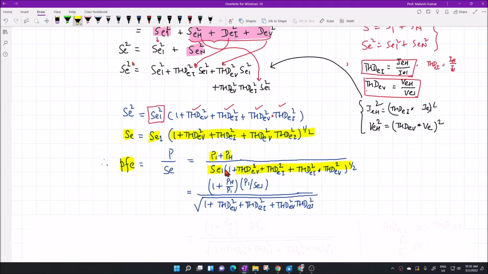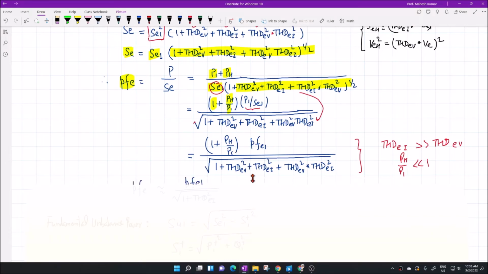Again we can take common P1, so this becomes 1 plus PH by P1, into P1 by SE1, because SE1 will come from the denominator. So this becomes P1 by SE1, divided by the whole term in terms of THD, and then square root of that.